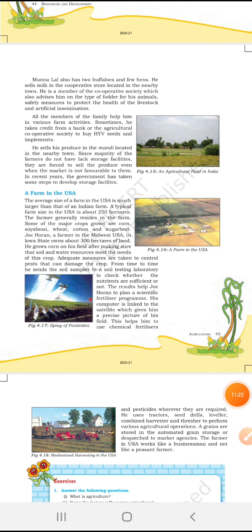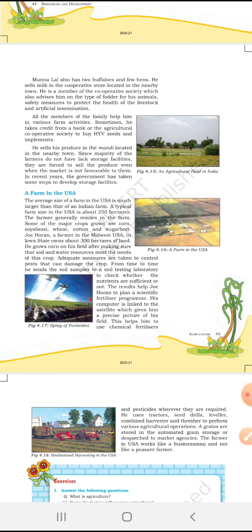So children, the first question is: what are the inputs and outputs of agriculture in general? This I've already explained, but still I want to put that in your mind again.